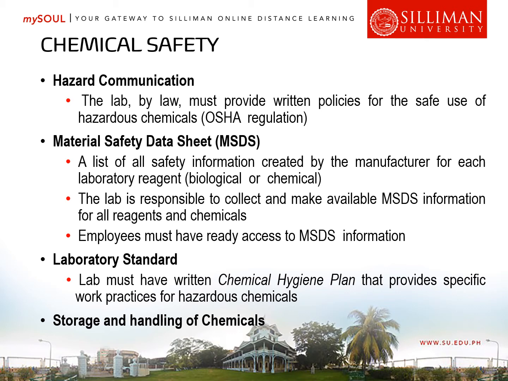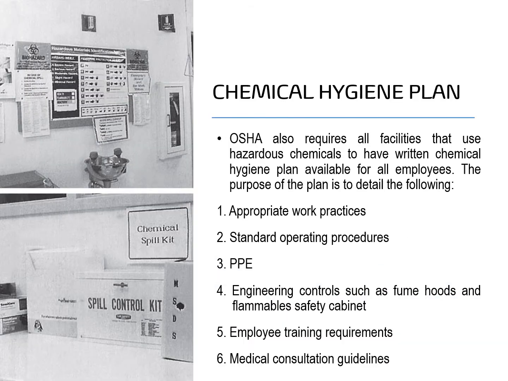So, all of these are contained in your chemical hygiene plan. And lastly, we have the storage and handling of chemicals. Next, we have the chemical hygiene plan. So, OSHA requires all facilities that make use of hazardous chemicals to have a written chemical hygiene plan available for all employees. The chemical hygiene plan must contain the following.